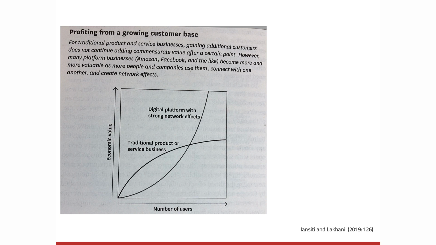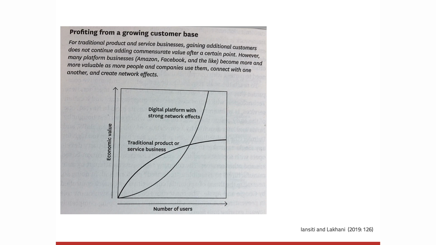Because for traditional product and service businesses, gaining additional customers does not continue adding commensurate value after a certain point. But for platform businesses, the argument is like Amazon or Facebook, they become more and more valuable as companies use them.